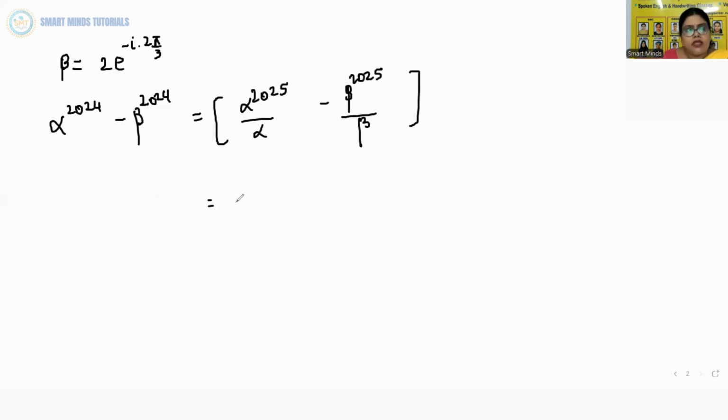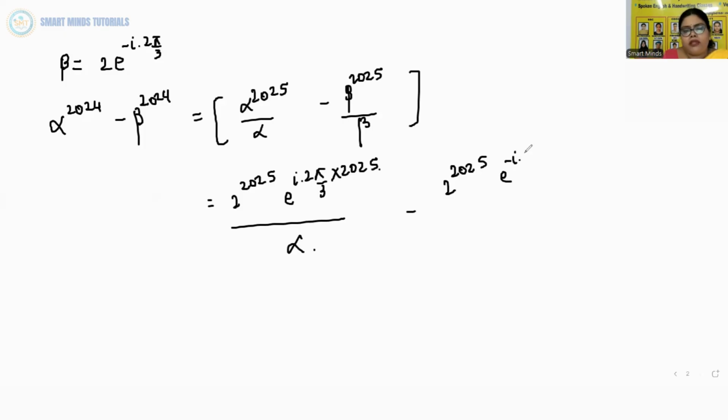Now this is 2 power 2025 into e power i into 2 pi by 3 into 2025, divided by alpha, minus, in the place of beta we are substituting the beta value, that is 2 power 2025 into e power minus i into 2 pi by 3 into 2025, divided by beta.